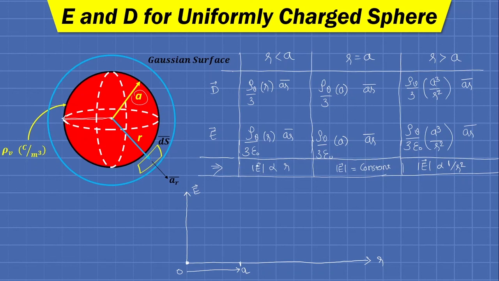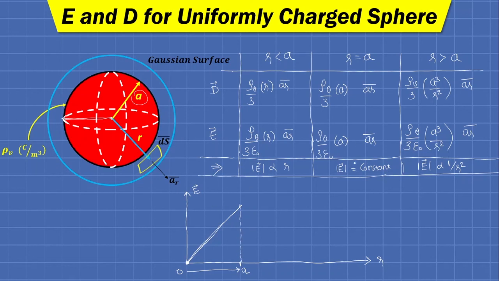Why linearly? Because we have concluded that for this region the magnitude of intensity is directly proportional to distance, and if two quantities are directly proportional to each other, then it will always follow a linear relationship. So we can say it will linearly increase from the center to the surface.